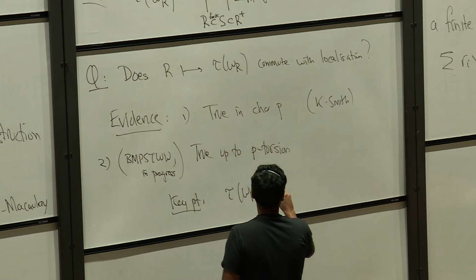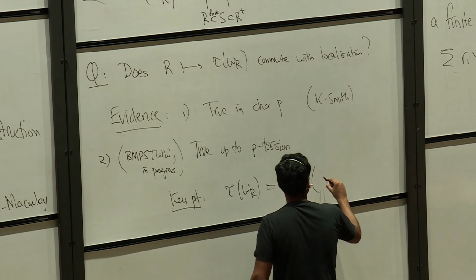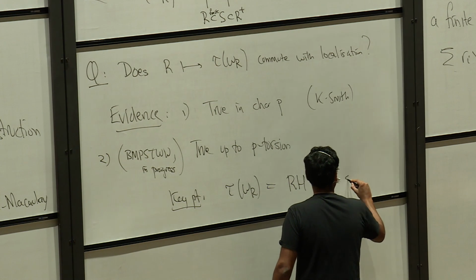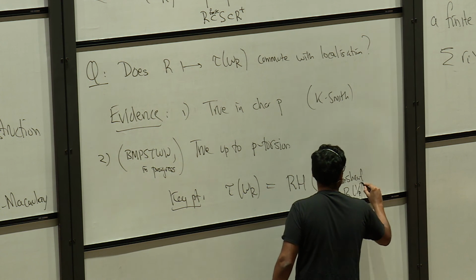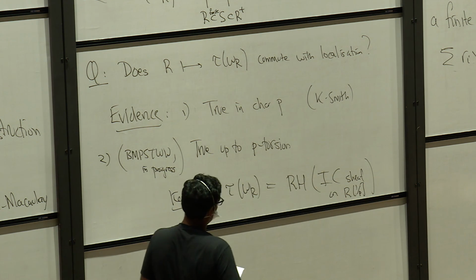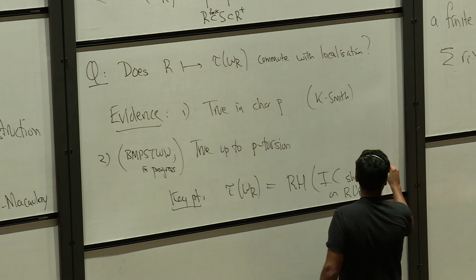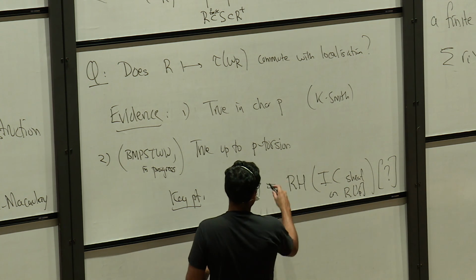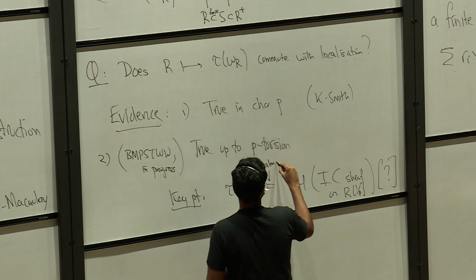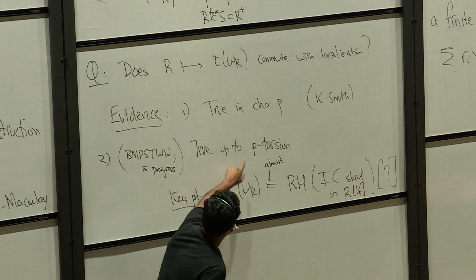And it's the Riemann-Hilbert functor, essentially, applied to the IC sheaf on the generic fiber with mod p coefficients. So this is the intersection cohomology complex, and then I'm probably missing a shift. And this is in some almost sense. And that's where this up to p-torsion comes from.